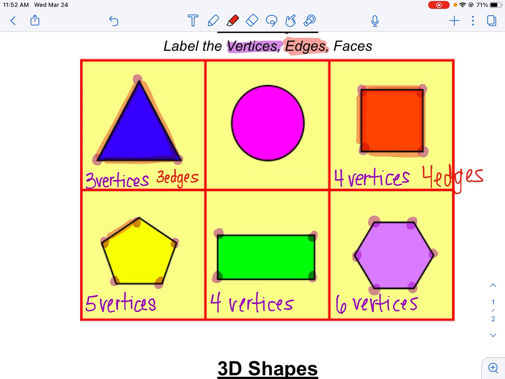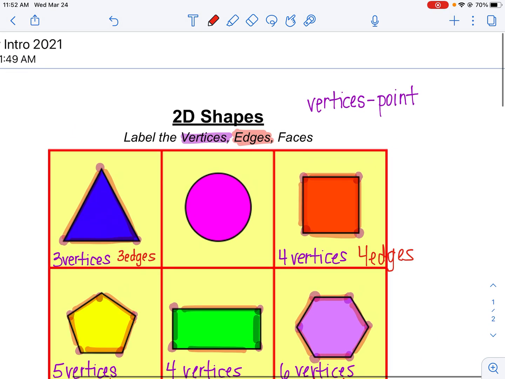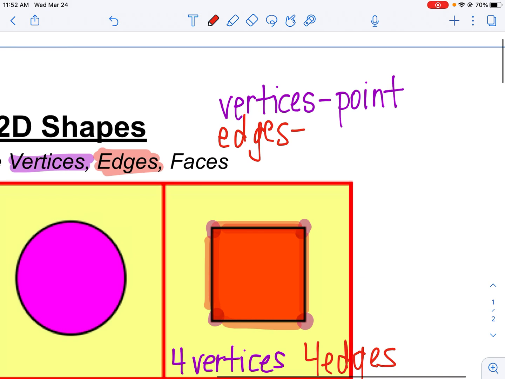In a pentagon, you have 5 edges. In a rectangle, you have 4 edges. And in a hexagon, you have 6 edges. So like I was saying, going back up here, edges are the straight line that connects your vertices.